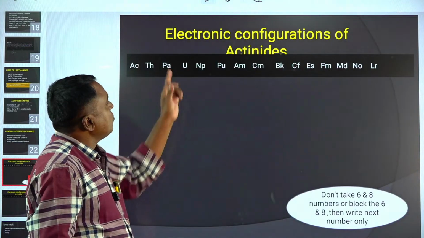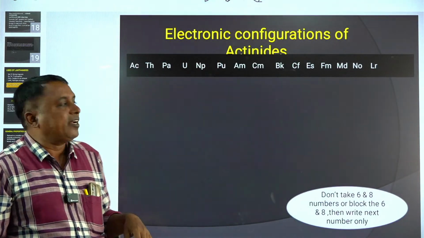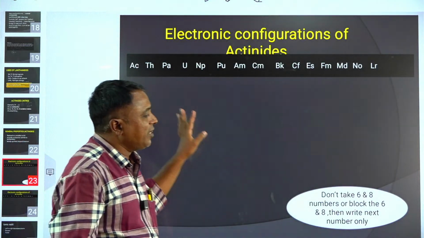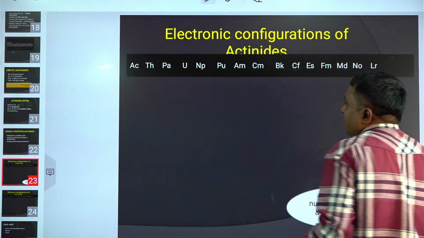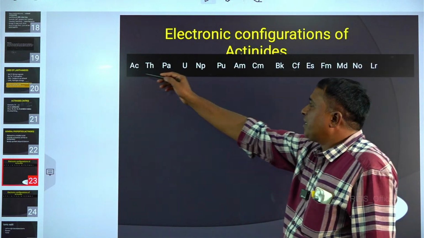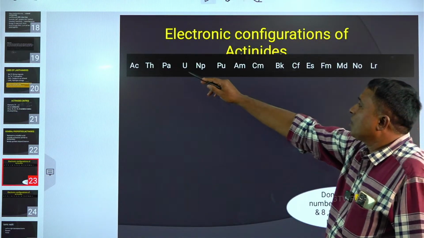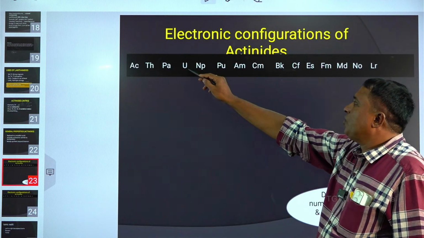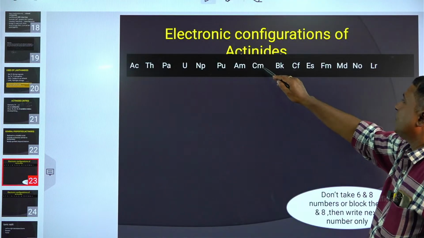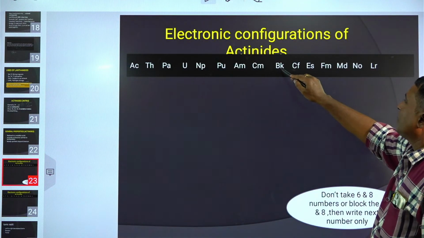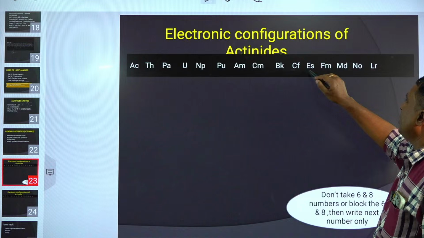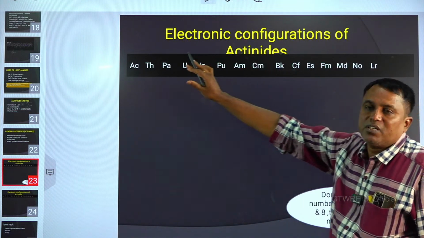Now, the electronic configurations of the actinides. Here also there is an important trick. The elements are first actinium, thorium, Pa, uranium, neptunium, plutonium, americium, curium, berkelium, californium, and so on. There are 14 elements.